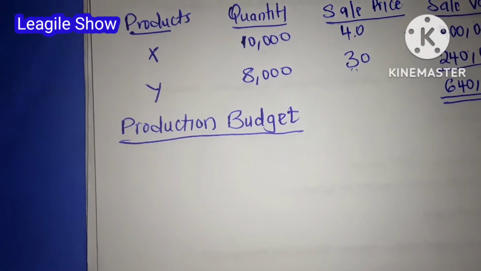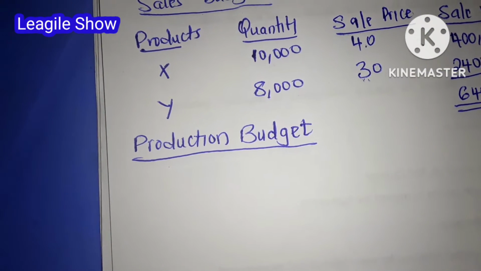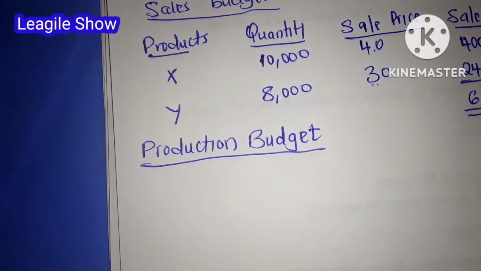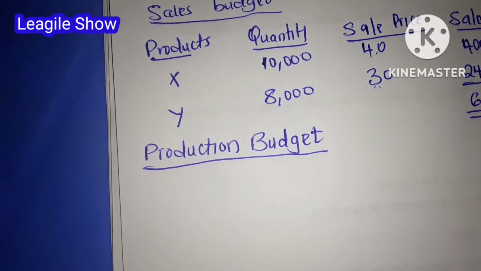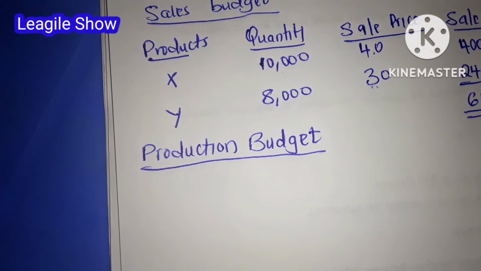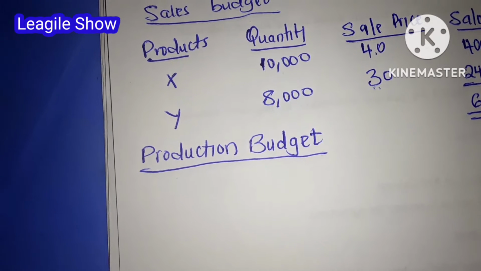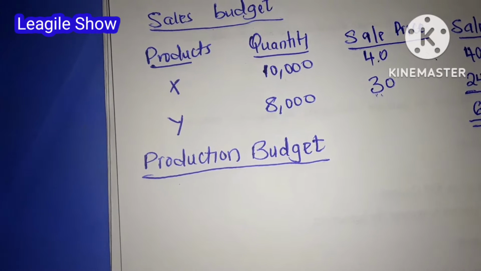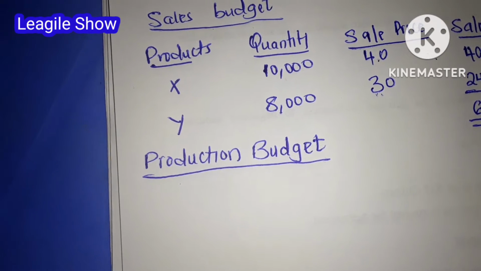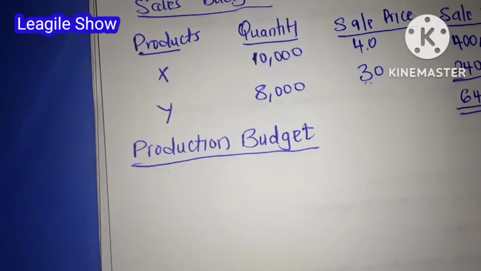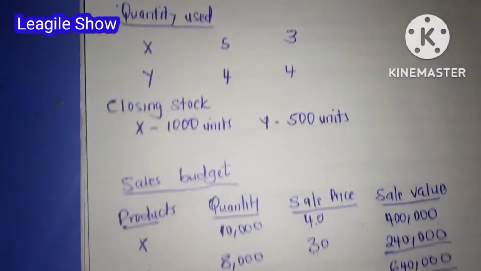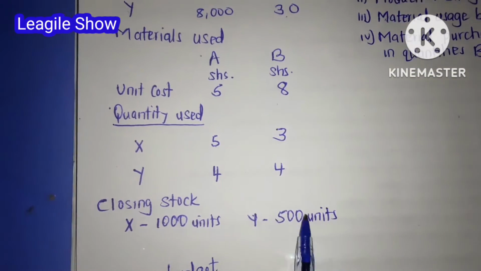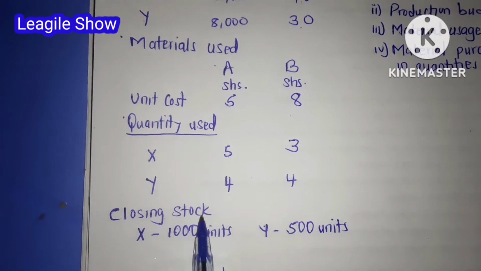What you need to know is that if the opening stock is greater than closing stock, then this difference is shown as a deduction from the sales quantity. But on the other hand, if the opening stock is smaller than closing stock, then this difference is added to the sales quantity. But in our question, we don't have the opening stock. We've only been given the closing stock.